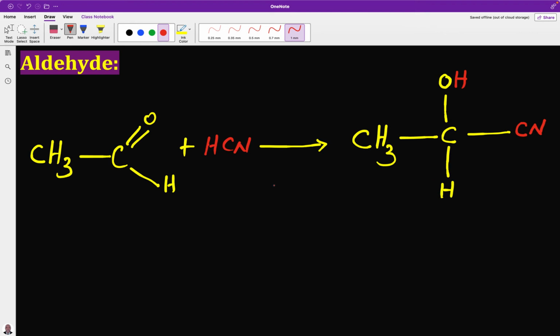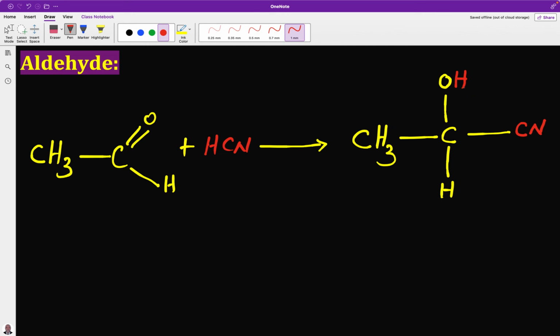Firstly, in this reaction, when the aldehyde, the ethanal, is added to the hydrogen cyanide, what happens? What will happen will be the hydrogen ion in solution. There is hydrogen ion in solution, and there are also free cyanide ions in solution.